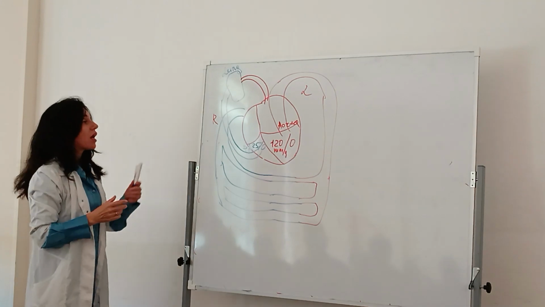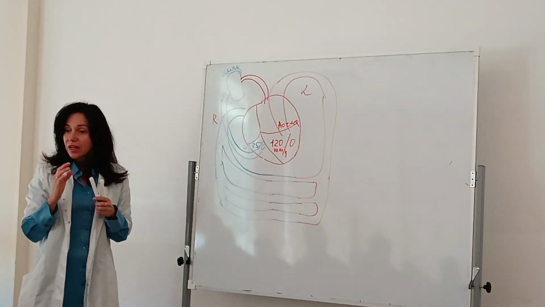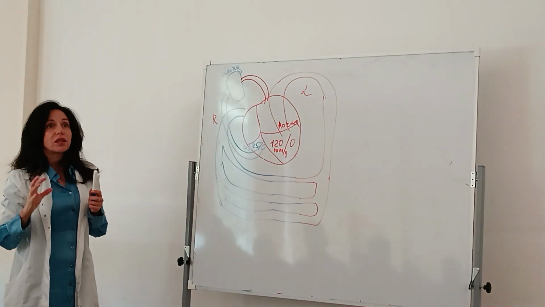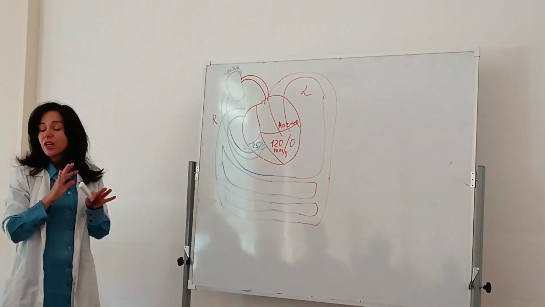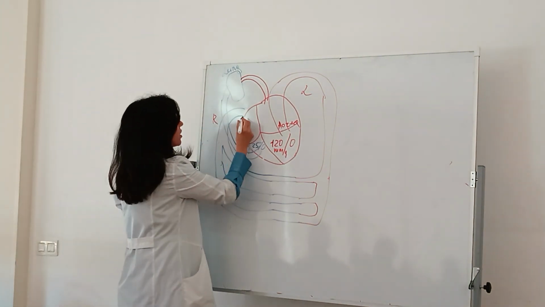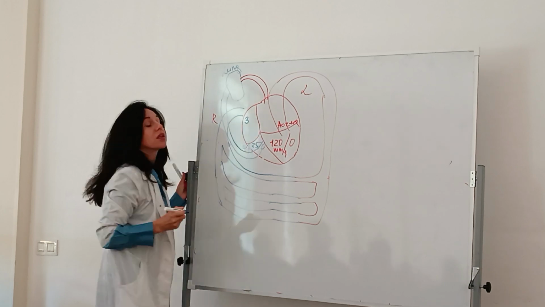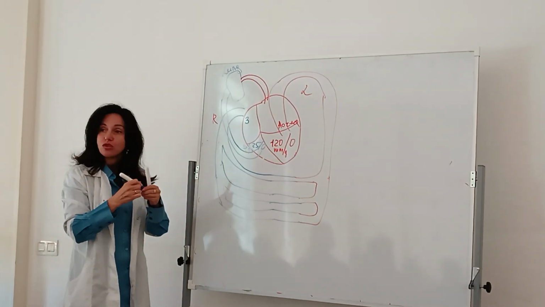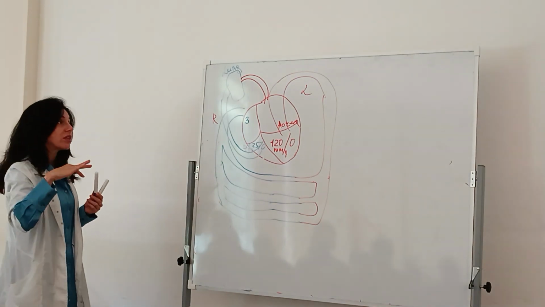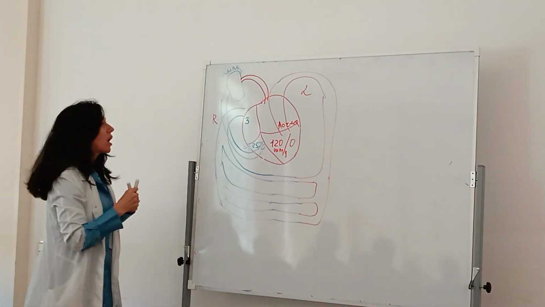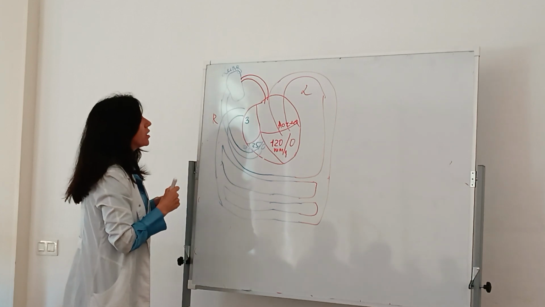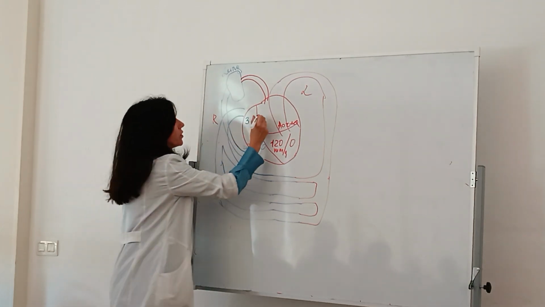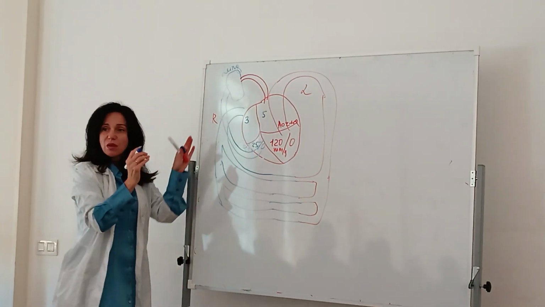The right atrium has about, it's very average, about 3 millimeter Hg. It can change during the systole and diastole phase, about 3, and left about 5. It's approximate.